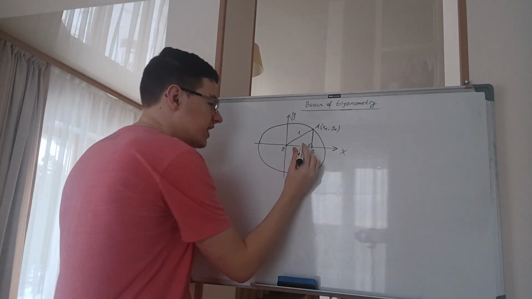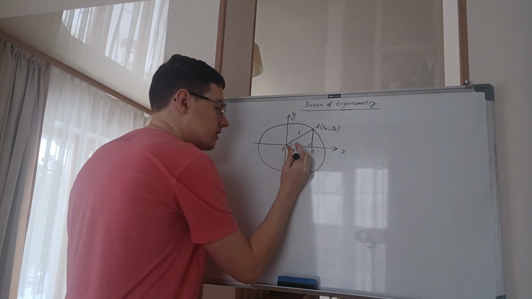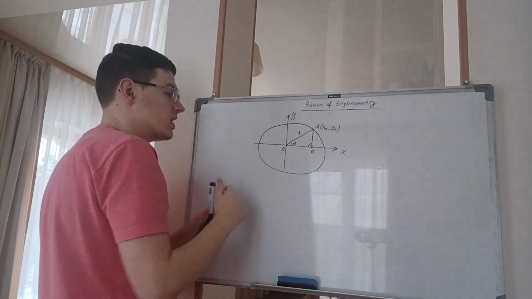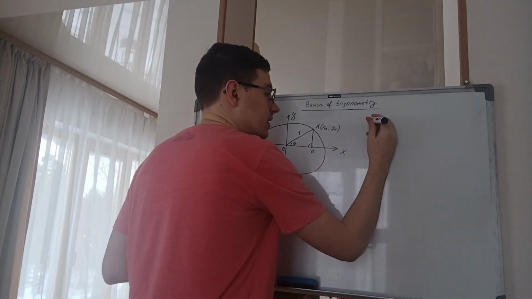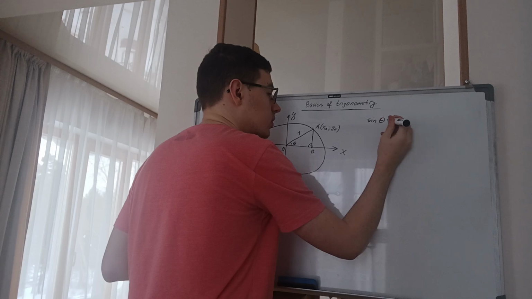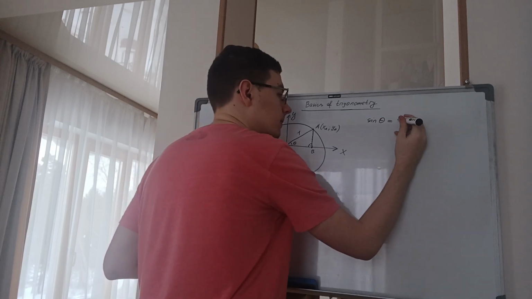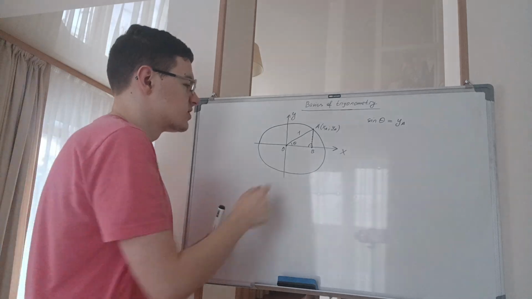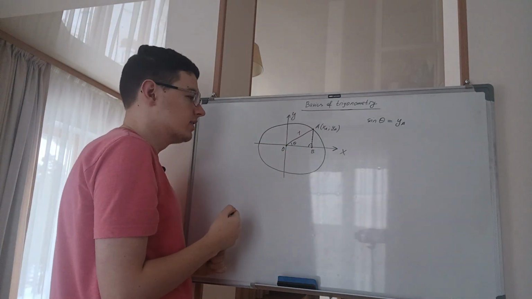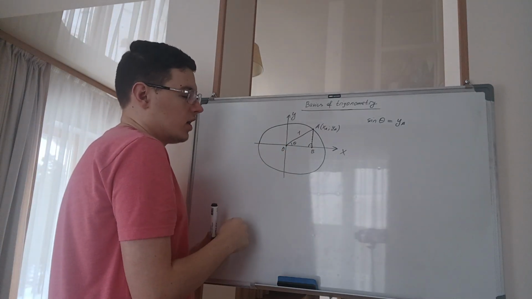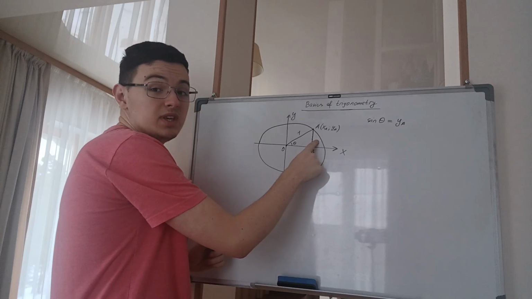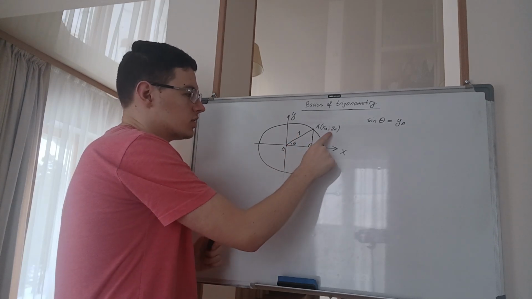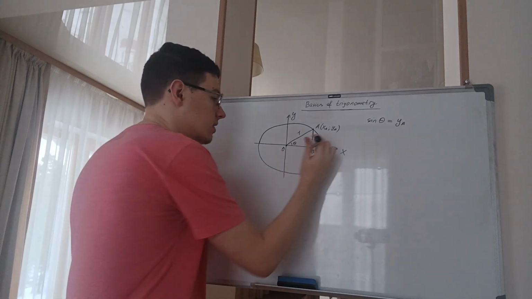So assume that we've taken the angle theta, the angle AOB. So the sine of theta will equal the ordinate of the point A, since the radius is 1 and the ratio of the opposite leg, that means AB, to the hypotenuse will equal just the ordinate of the point A.